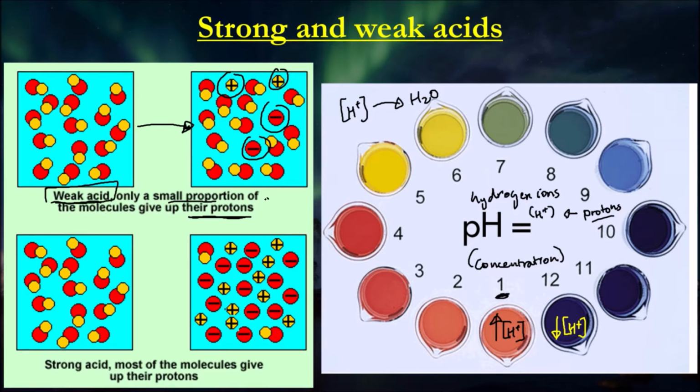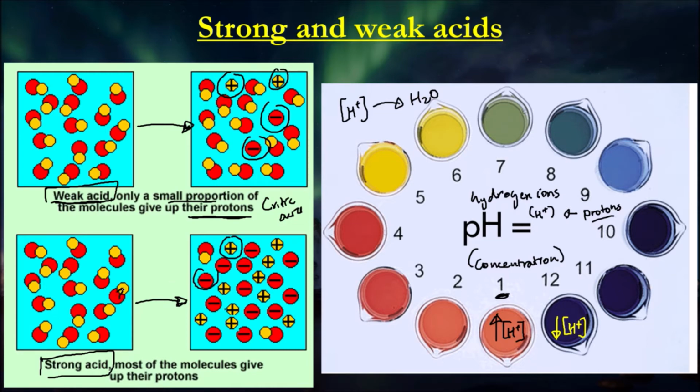An example of a weak acid would be citric acid. That's the acid that you have when you eat fruits like lemons, oranges, things like those. If we are dealing with a strong acid, the ions will behave slightly differently. You can see here, the transition that we get is these ions fully breaking apart from each other.